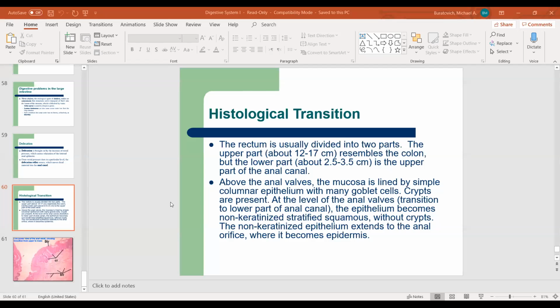So histologically, the rectum has kind of 2 parts. There's an upper bit that resembles the colon, and then the lower part that does not. Above the anal valves, the mucosa is very columnar, has goblet cells, has crypts, so on and so forth. And below that, you start to get more of a stratified squamous epithelium that can handle shear forces much better.